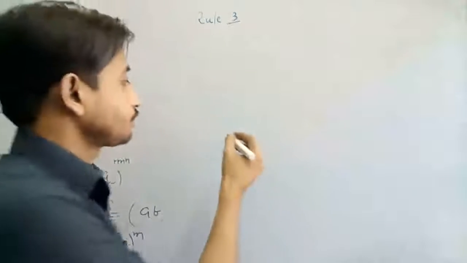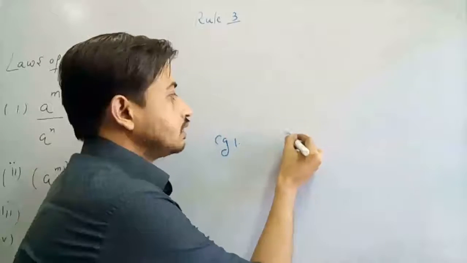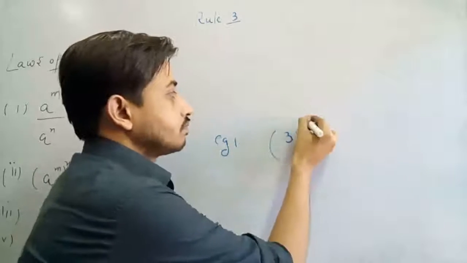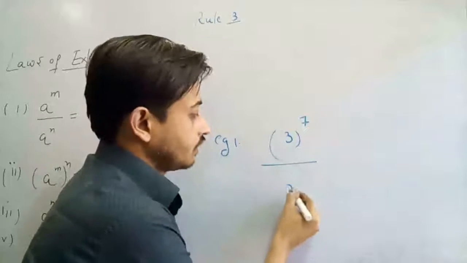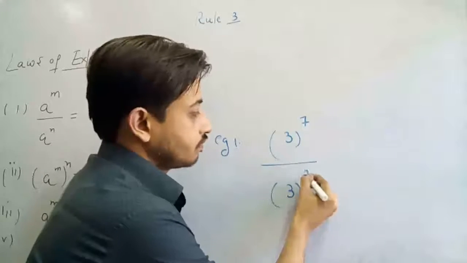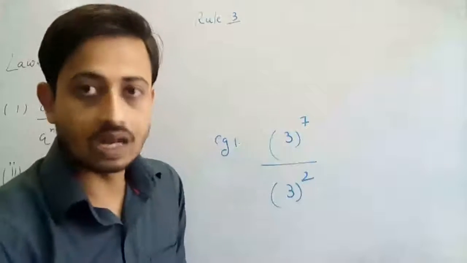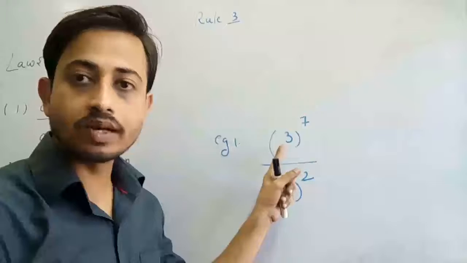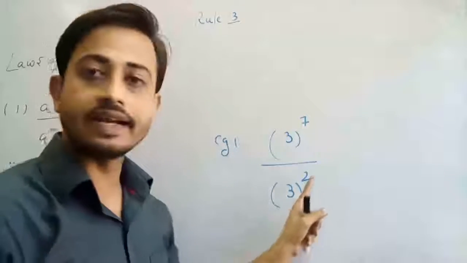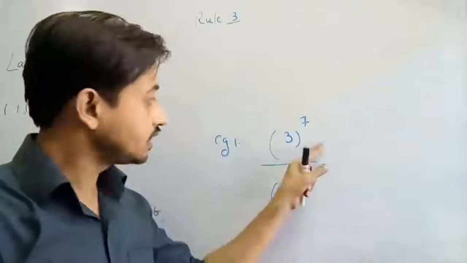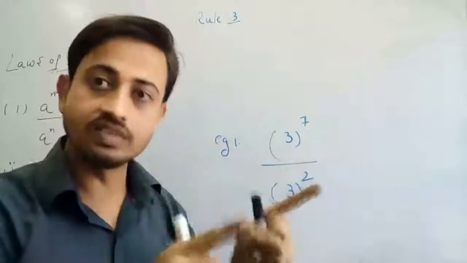For example, example 1: 3 raised to the power 7 divided by 3 raised to the power 3, or example 2. Now look here, the exponent is 3 and the power is 7. In this, the exponent is 3 and the power is 2. Now these two terms are in terms of division, not multiplication, division.